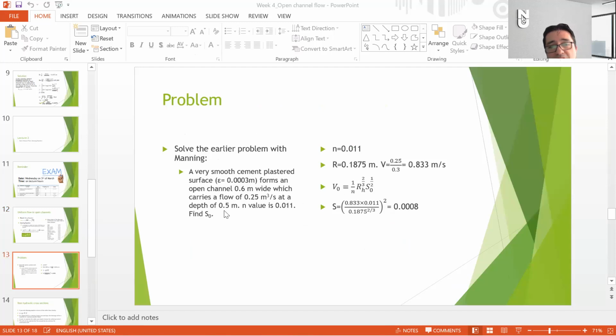Okay, so we are making a selection for the n value. And if you put everything together, it is easy to calculate the hydraulic radius. Anyway, we calculated it on Tuesday. And the velocity is also easy.